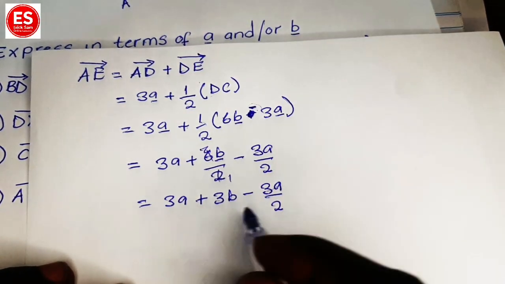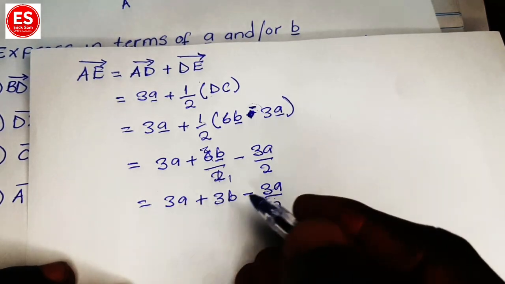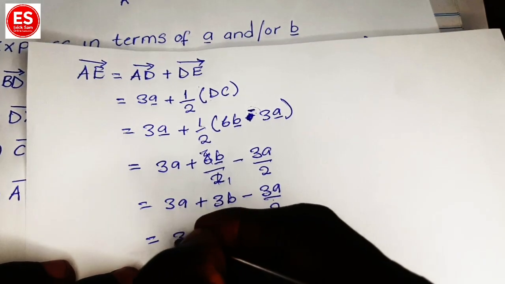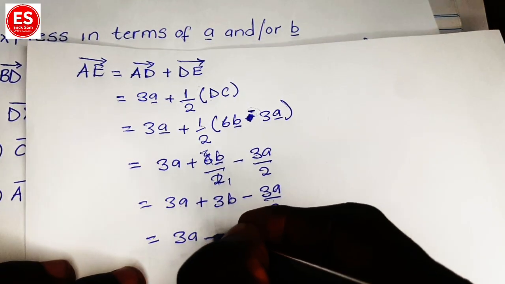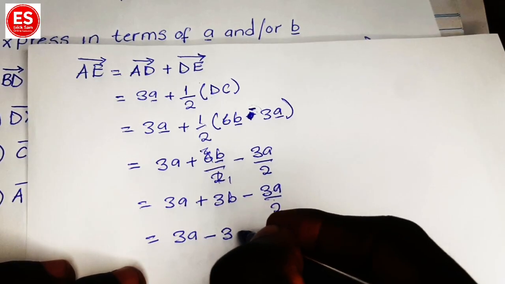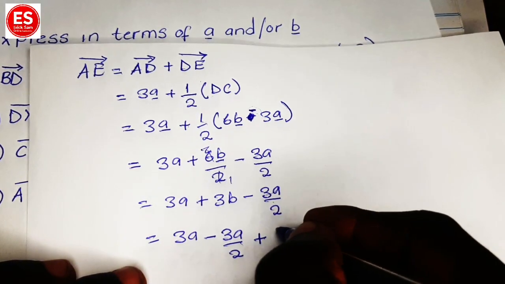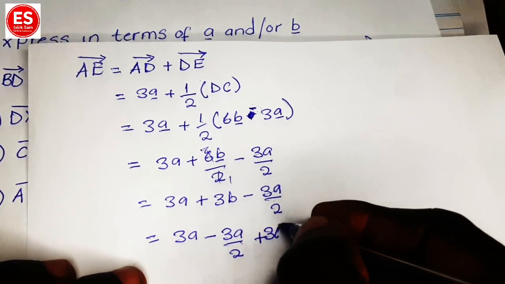Okay, now here you know that these are like terms, so you need to group them together. So you're going to say 3a minus 3a over 2 plus 3b.